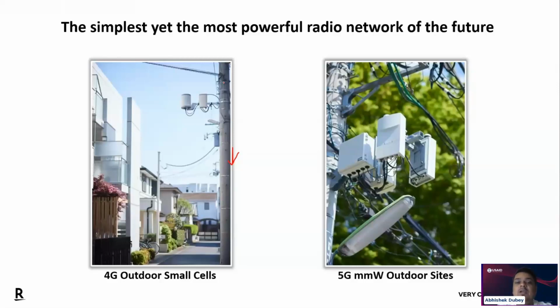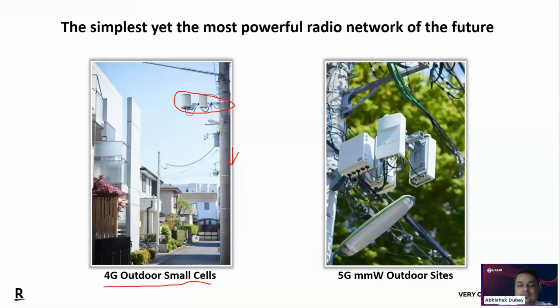This might be deployed by government bodies or municipal corporations. So you can use the same pole and deploy your site. This is what we require to install an outdoor small cell. Very minimal footprint on the site, and the rest of everything will be centralized.